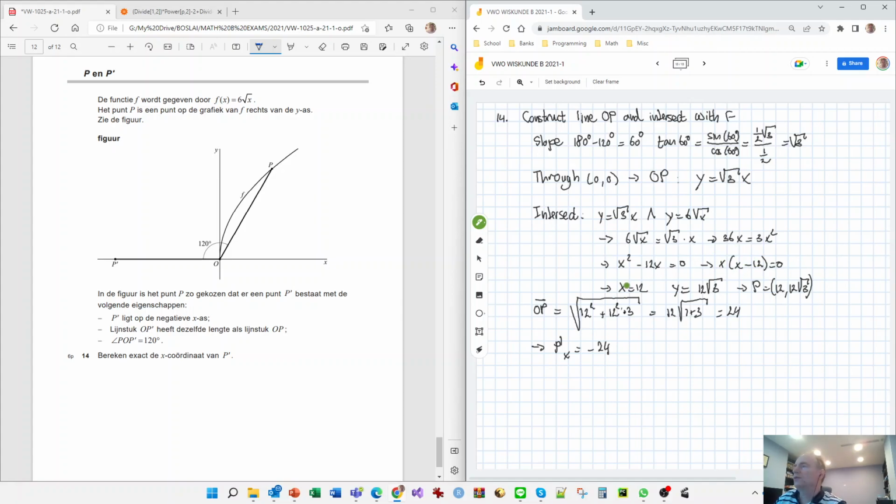If x equals 12, then y has to be equal to 12 square root of 3. You just substitute it in one of the functions. So this is our point P.